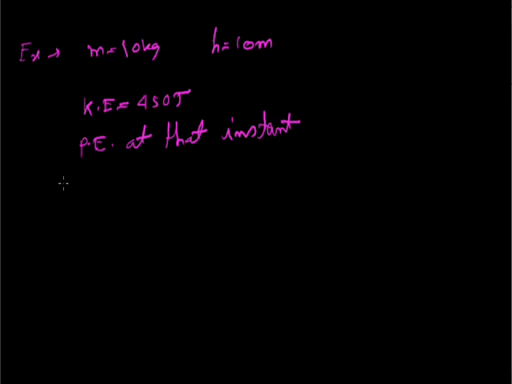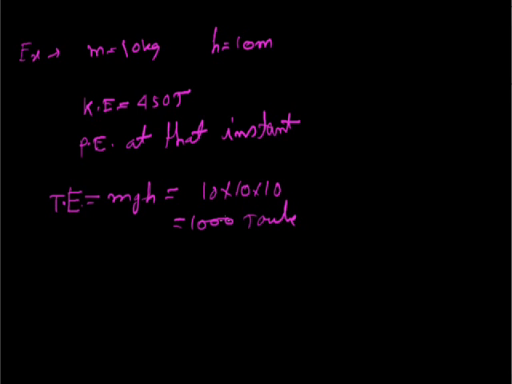So as we know from energy theorems, the initial total energy is mgh. This is your total energy. 10 is your mass, g let us take 10, and h, your height, is 10. So 1000 joule is your total energy, and at any instant, as we know, total energy is the sum of the potential energy plus kinetic energy at any point.